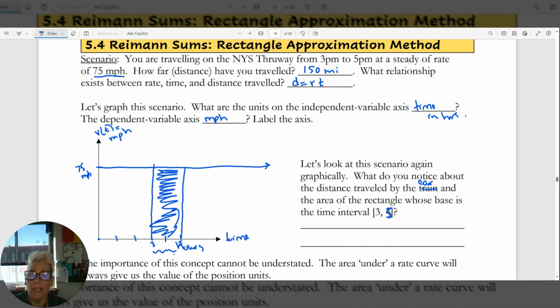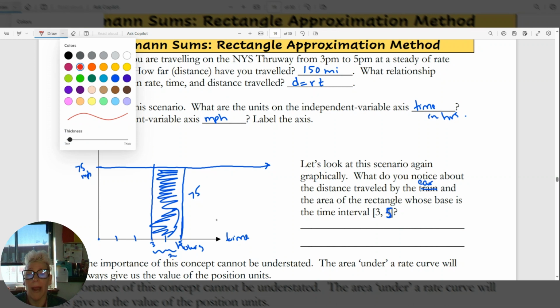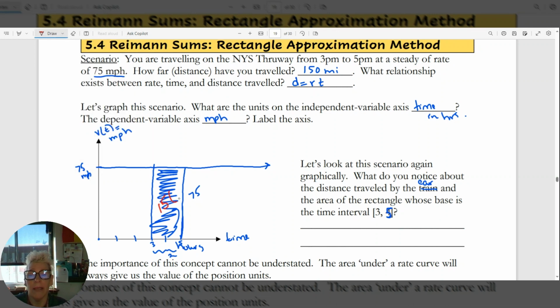Well, its width is the 2 hours. Its length or height is the 75 miles per hour. And then it turns out the area is 150. So it's 2 times the 75, which is 150 miles.